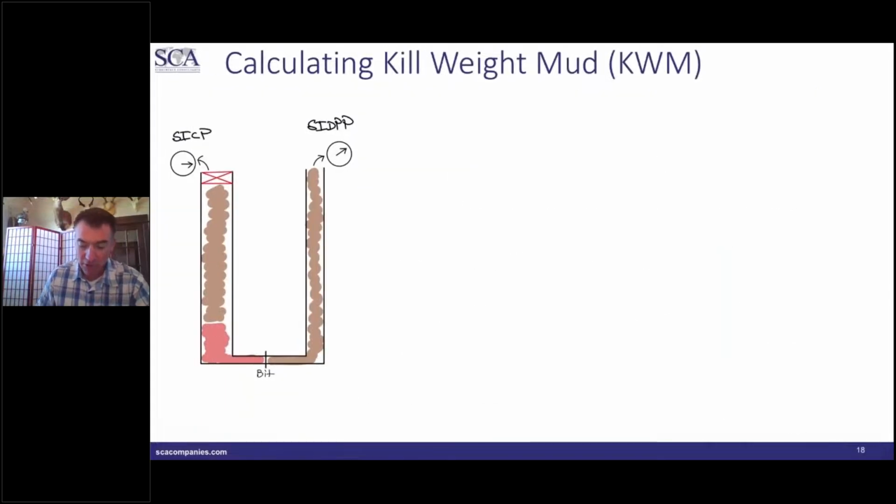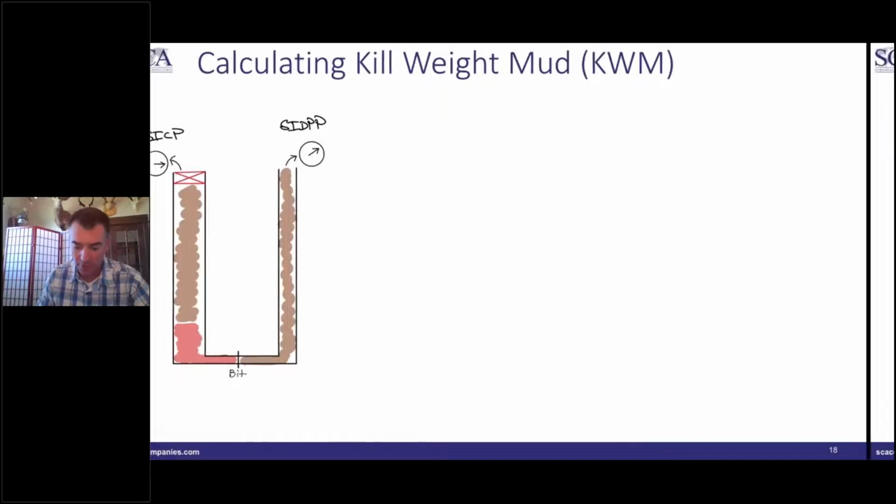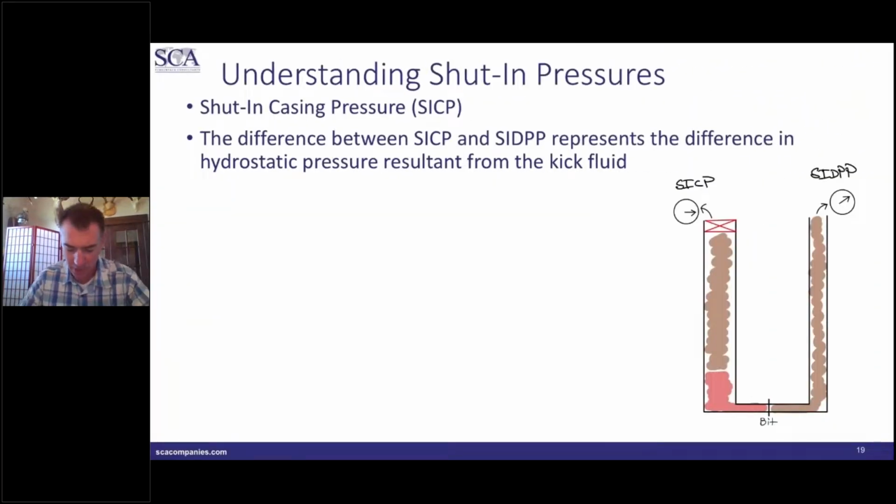Okay, so we already did that, calculated kill weight mud. We don't need to go over that again. Now, if we look at the shut-in casing pressure, it is going to be different. These two are not going to be equal.